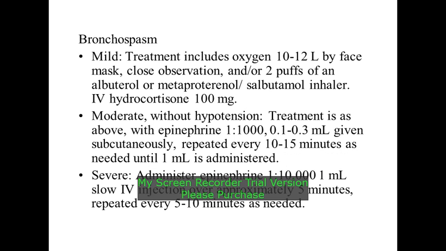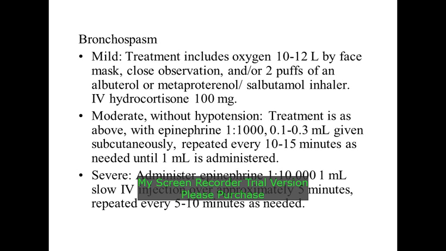Treatment includes oxygen 10 to 12 liters by face mask, close observation, and 2 puffs of an albuterol, metaproterenol, or salbutamol inhaler. IV hydrocortisone 100 mg.